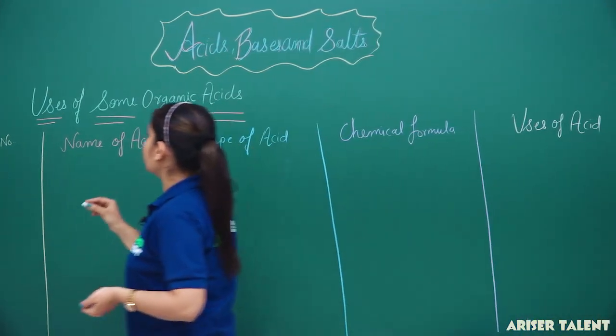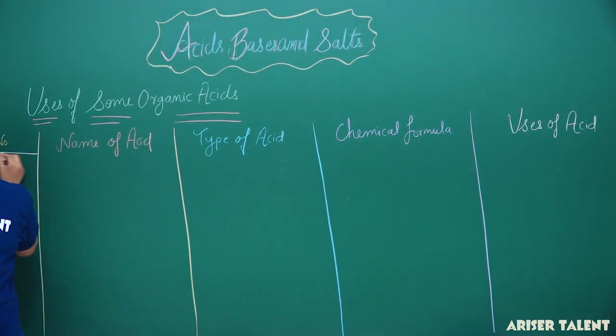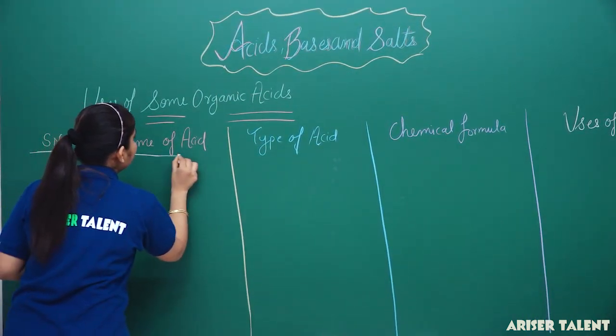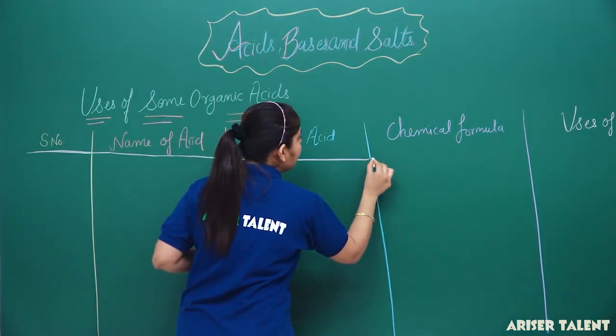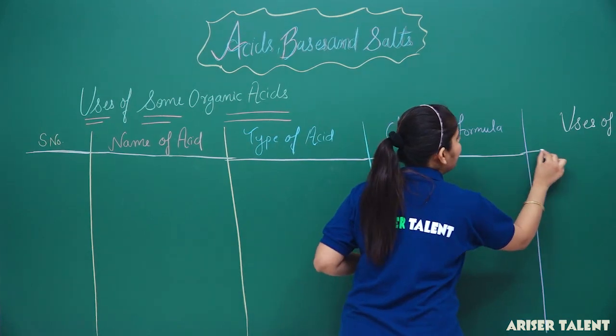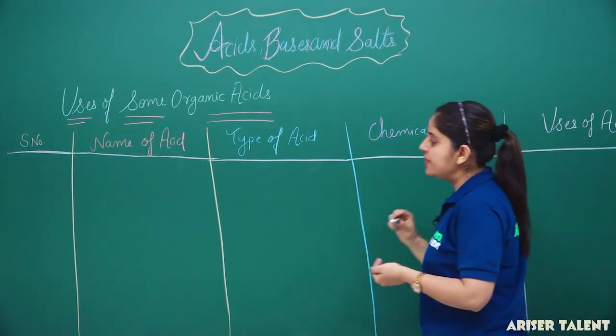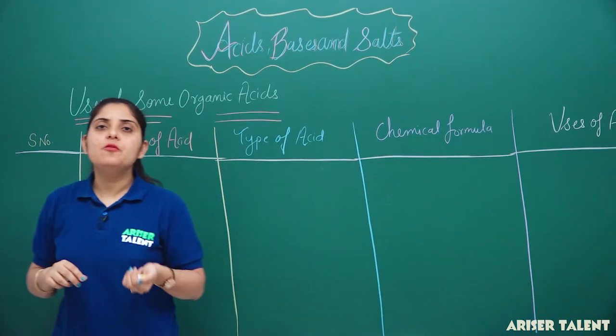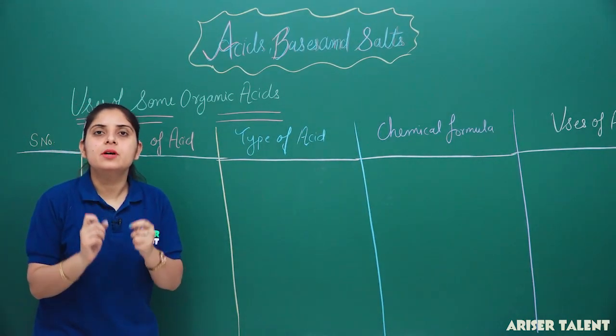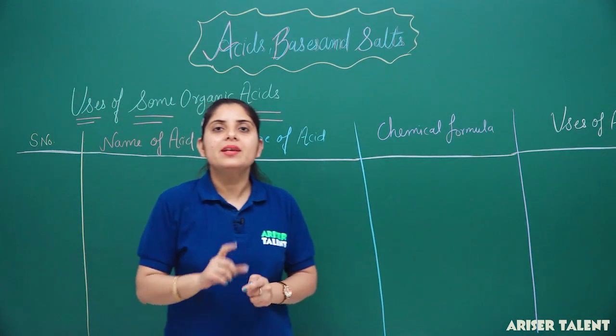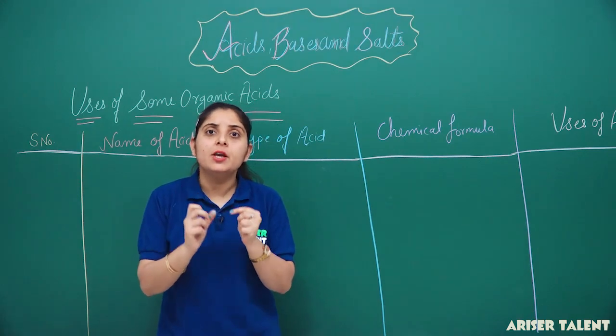So firstly, we will write the name of the acid, its type, its chemical formula, and lastly we will write the use of the acid. In the category of organic acids, our first acid is acetic acid, which is a very common acid.